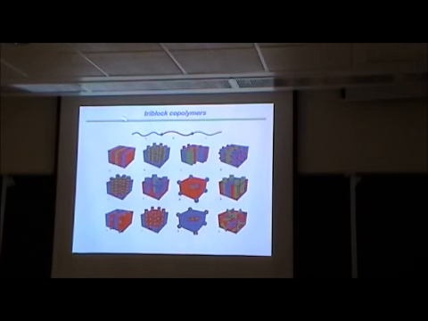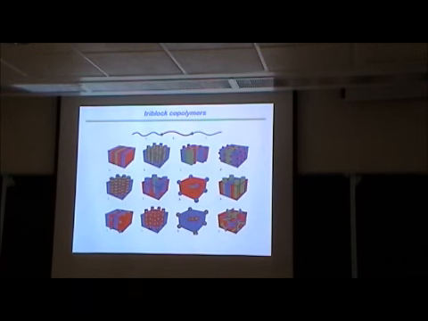You can make tri-block copolymers and get a range of more complex structures. But again, the principle is the same. You have three moieties which are to some extent immiscible.